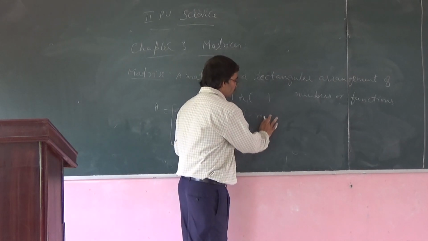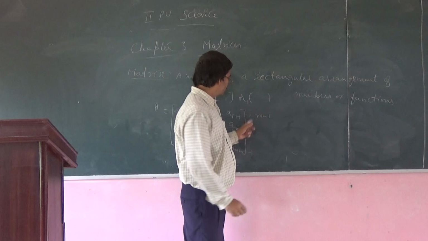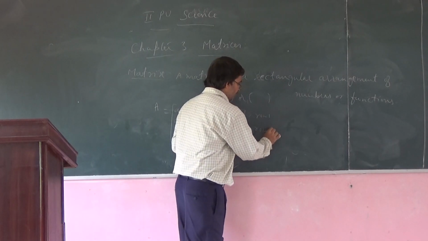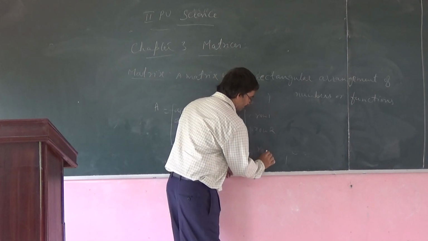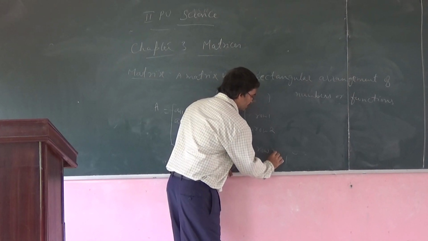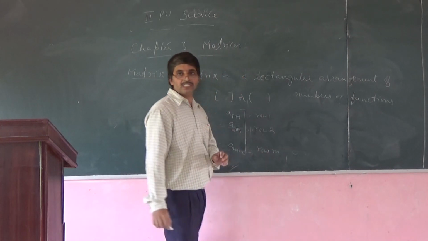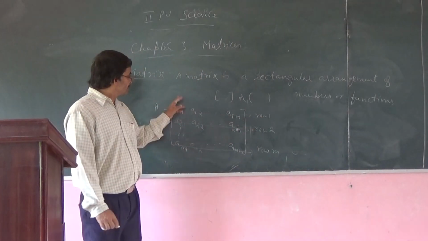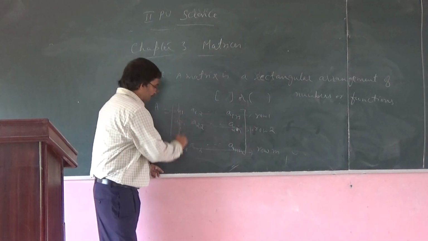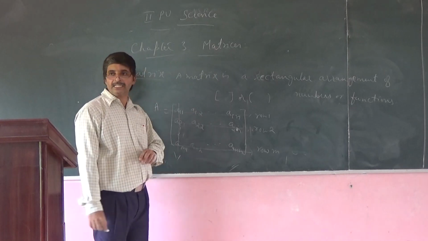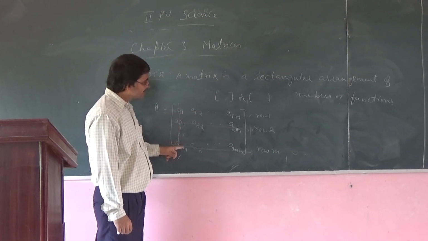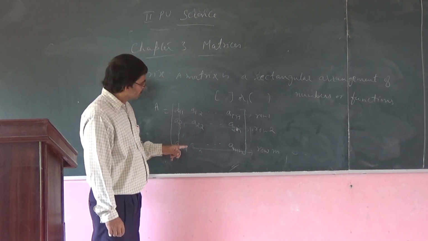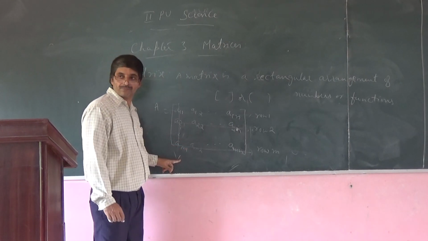So this is the first row, this is the second row, and so on. There are m rows here. Horizontal lines form rows. Now consider vertically, that is vertical lines: A11, A21, dash dash, Am1.